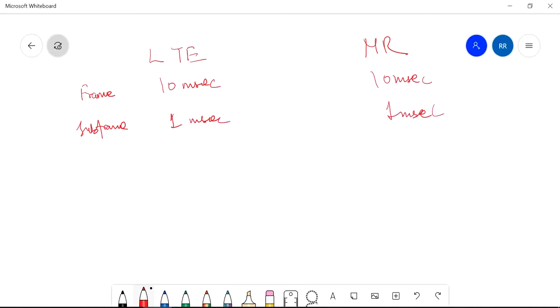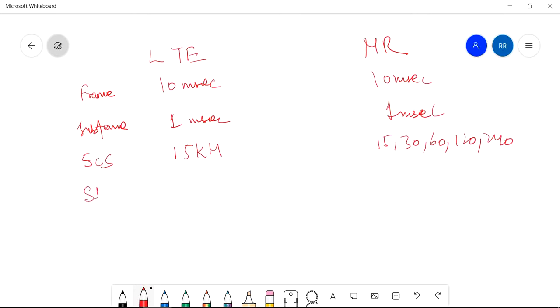Now we will take subcarrier spacing, SCS. In LTE it is fixed at 15 kilohertz, but in NR it is 15, 30, 60, 120, 240, like this.